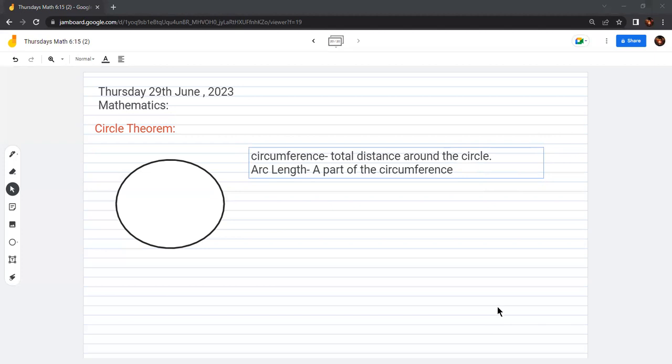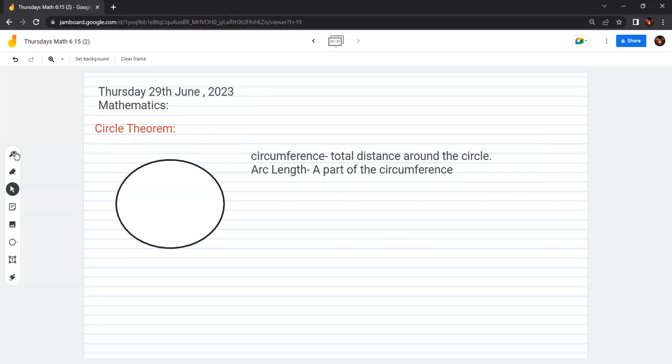All right, so we're looking at circle theorem, and there are certain parts we must know. We already know that the diameter is the line that is drawn through the center of your circle connecting 2 points of the circumference.